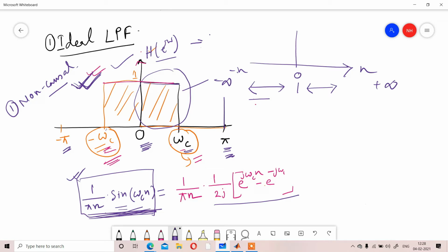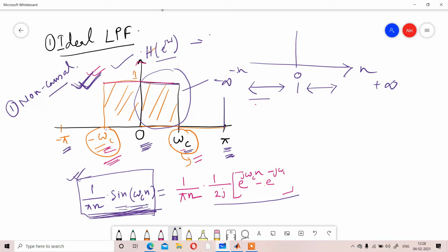If we put in the values of n over different ranges, from 0 to infinity, or simply 0 to n, the value 1 by pi n sin omega c n is going to be infinite. You cannot get a finite range for this sin omega c n.